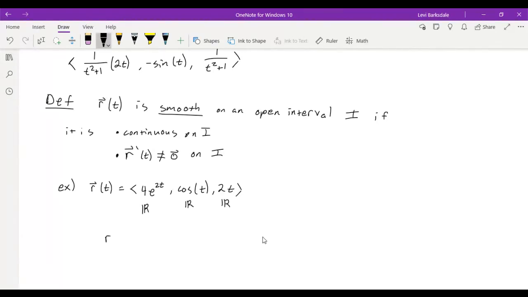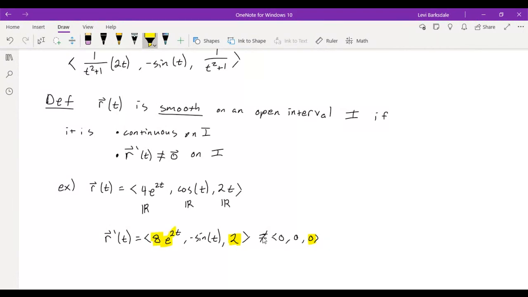Next, we need to take the first derivative, and we see that it is 8e to the 2t, negative sine of t, comma 2. And we can say that this is never going to be equal to the zero vector because, well, first off, this 2 right here is a constant, and it's never going to be equal to 0.